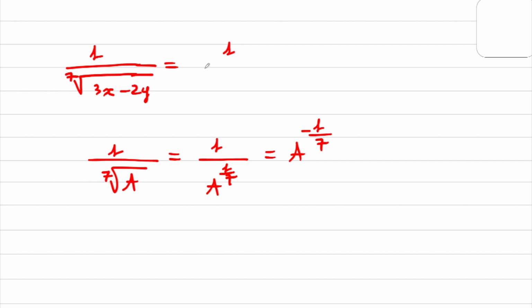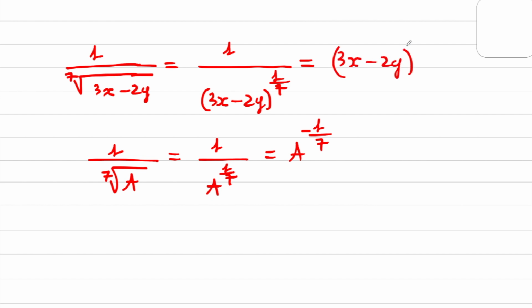So for here, you got the same idea. 3x minus 2y, you will get the power number is 1 over 7 by this one. And after that, 3x minus 2y will be to the power of negative 1 over 7 here. So you can finish this question by this writing.